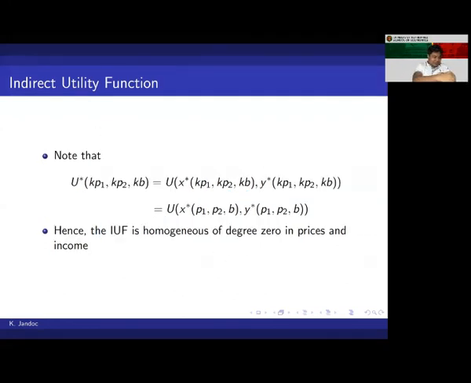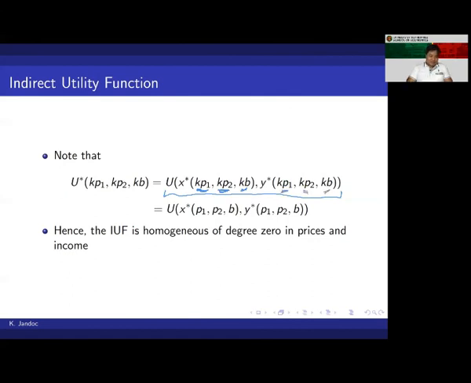Now we shall show that this indirect utility function is also homogeneous of degree zero in prices and income. Since we have this as our definition, you just plug in X star and Y star into the utility function. Now suppose we change prices and income by the same proportion K. This is the new price of good X, KP1, this is the new price of good Y, KP2, and this is the new income, KB.